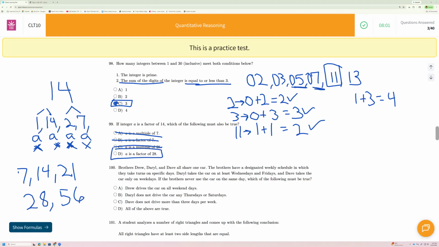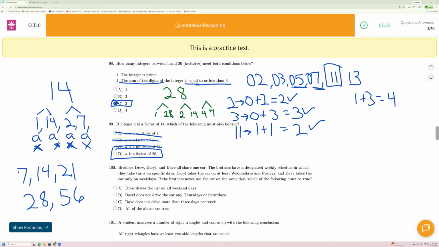Let's do the test. Let's do the factoring of 28. 28 can be 1 and 28. It can be 2 and 14. And it also can be 4 times 7. If I remember correctly, that's all the factors, if we don't include negative factors.